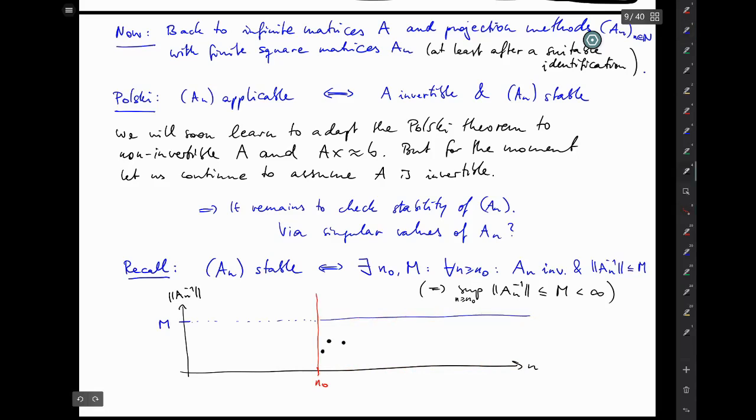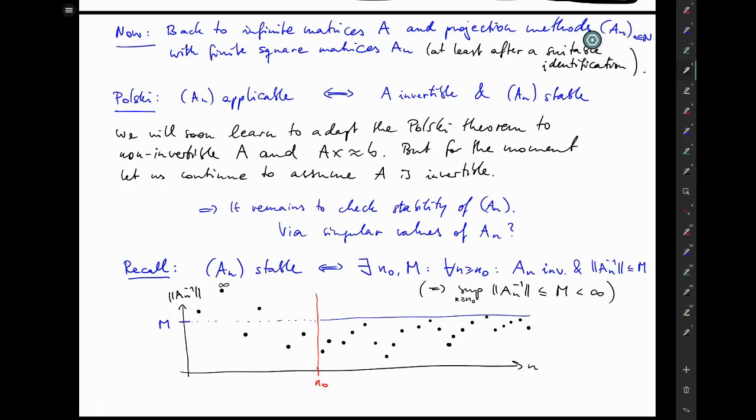Okay, so each one of these n gives you an invertible A_n, and the inverses do not exceed the blue line. Nothing is said about the n that are less than n0, so some of them could give you small inverses, some of them could give you large inverses, some of them could give you no inverse at all, in which case we usually say that the norm of the inverse is infinite, which is our code for not invertible.